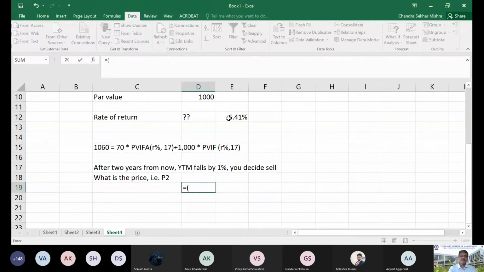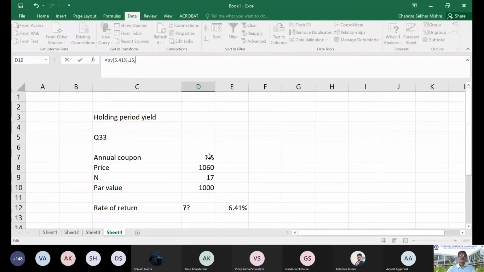let me just type it to make it easier. PV, 5.41%, comma. How many years? 15, right? Yes. And what is the amount? Coupon, 7% of 1000, that is 70.